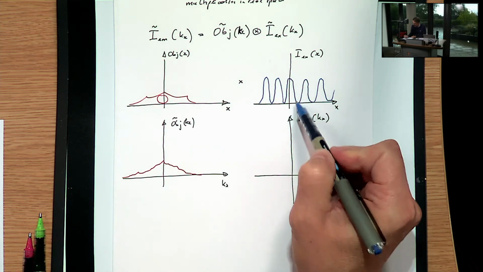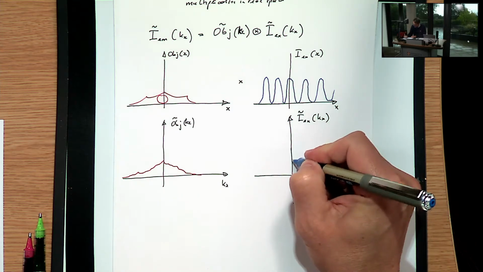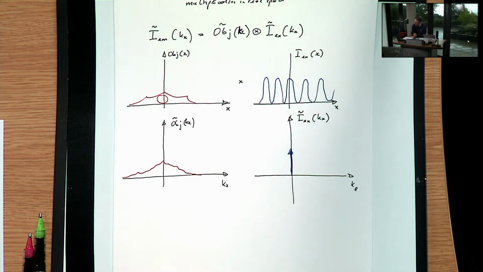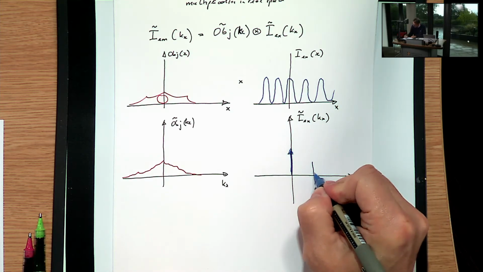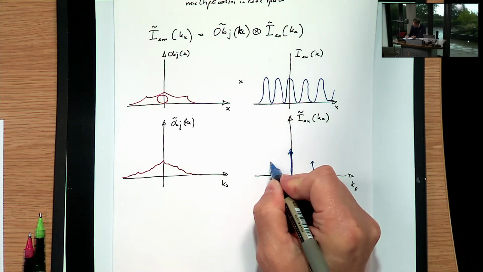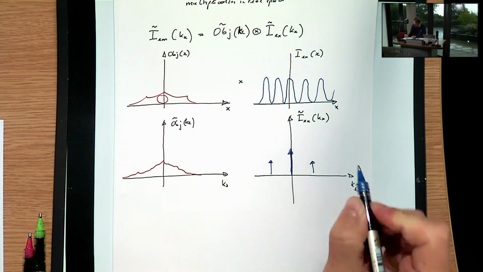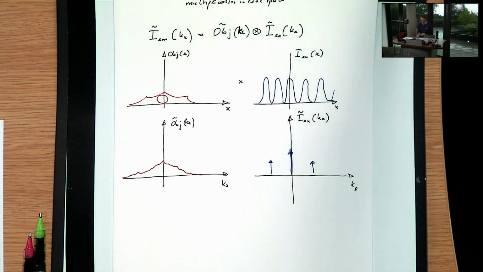Well, it is offset from 0, so there's going to be a DC component. And of course, this has a frequency. This is a cosine, so it will have components at k0 and minus k0. Something like that with lower amplitude, but you know all the reasons for that.